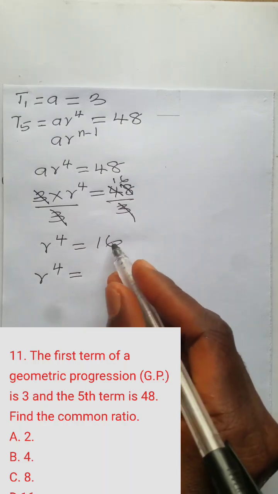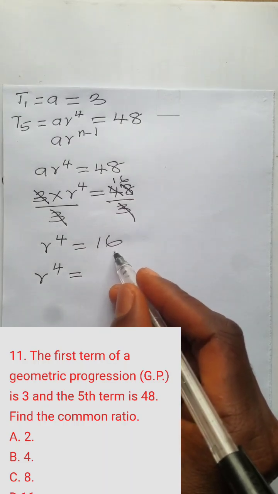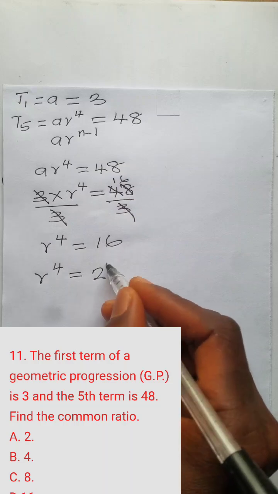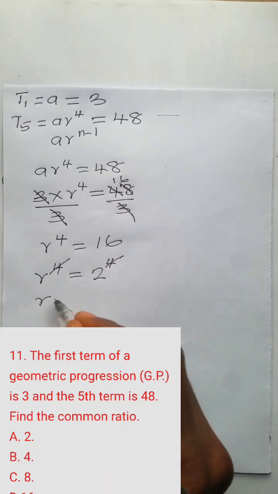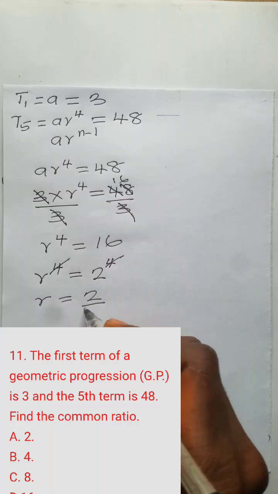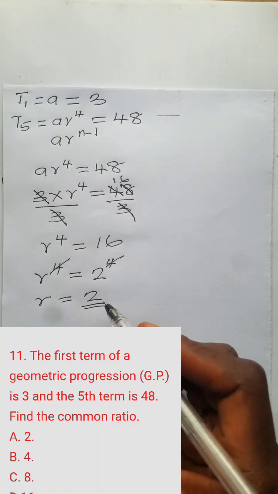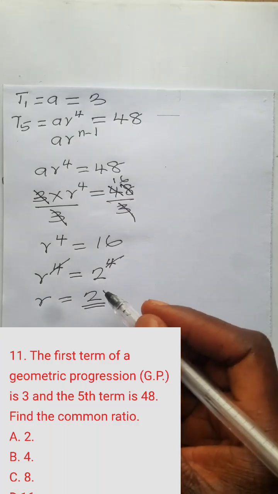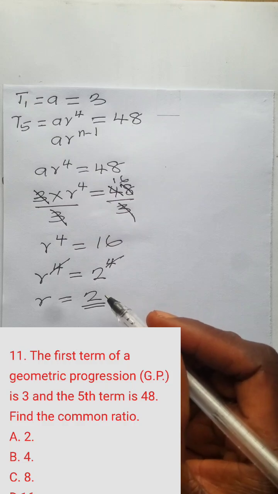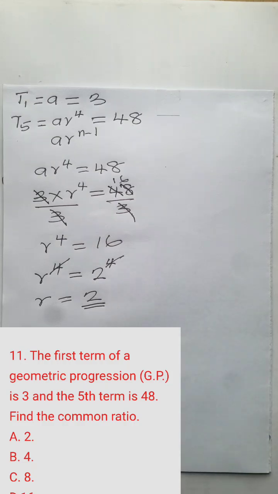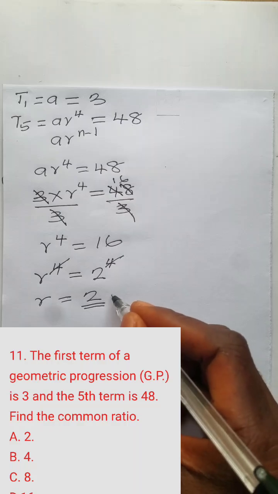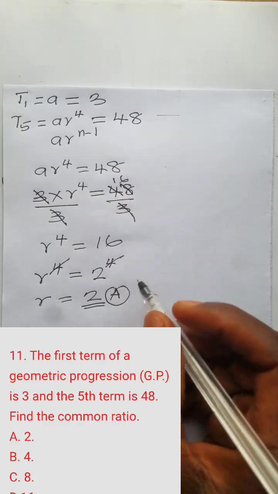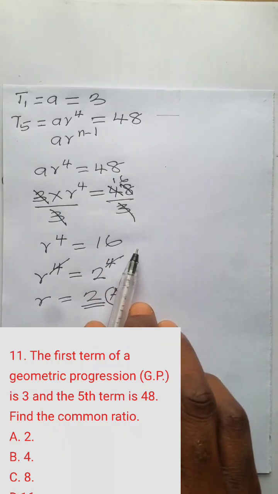Now all I have to do is express 16 to a power of 4. What is that? 2 to power 4. So that way I can just strike this out, and my R is equal to 2, and that is the final answer, and that is option A.